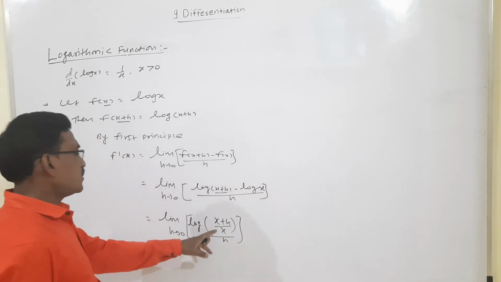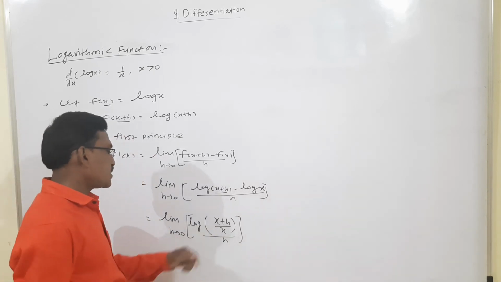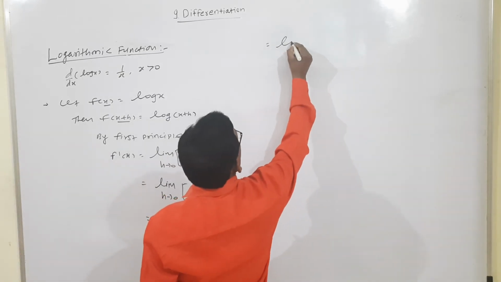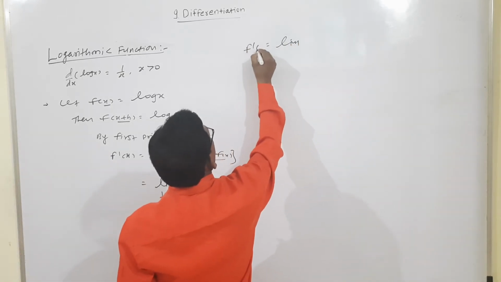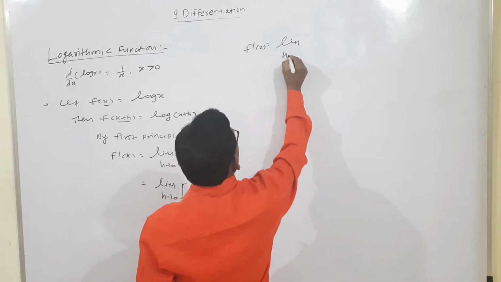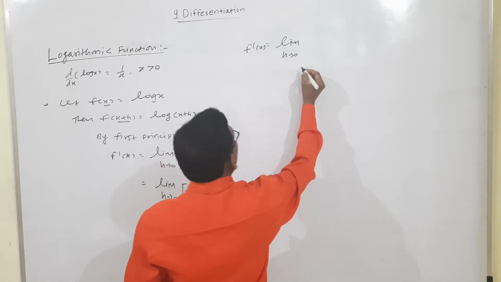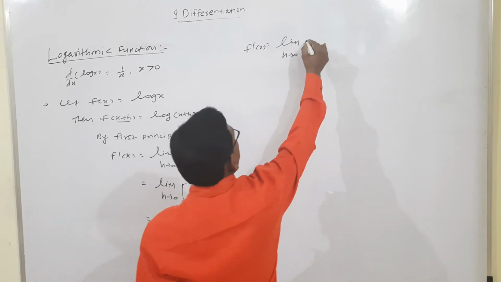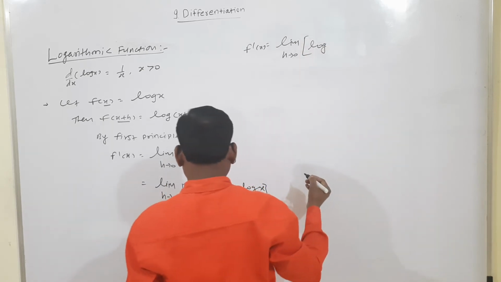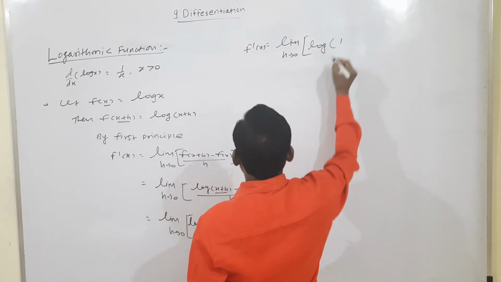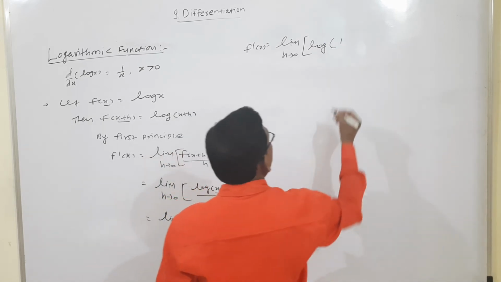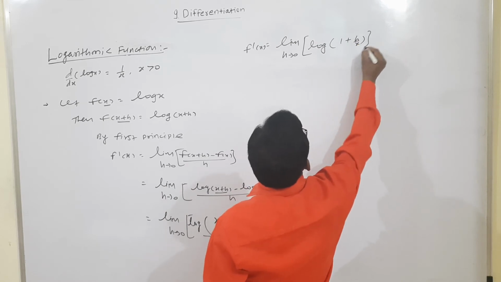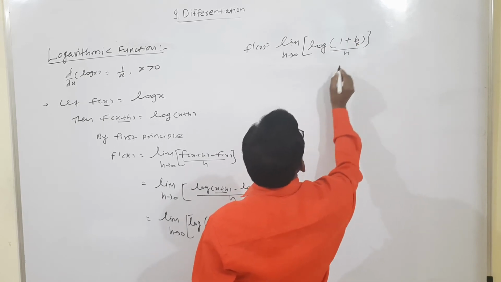Now divide this term by x. It gives, as h tends to 0, log of 1 plus h by x, since x by x is 1, upon h.